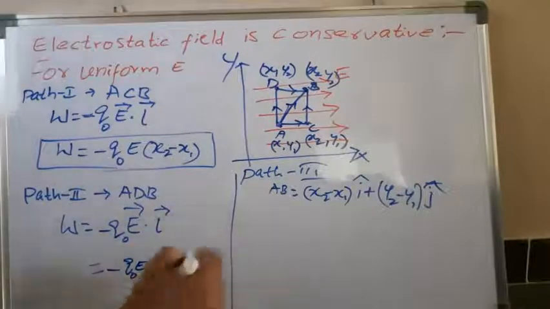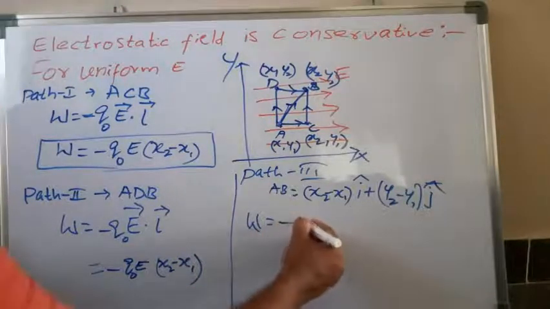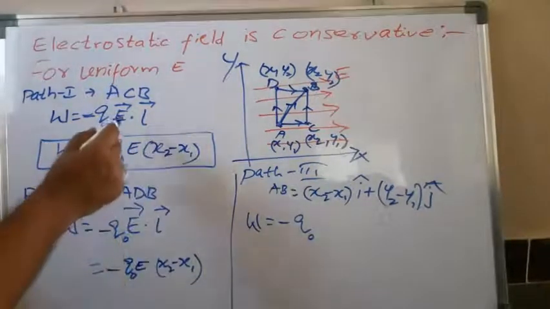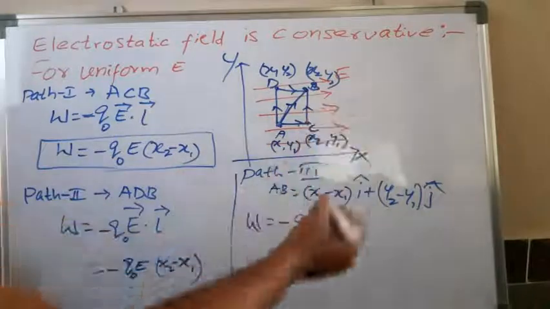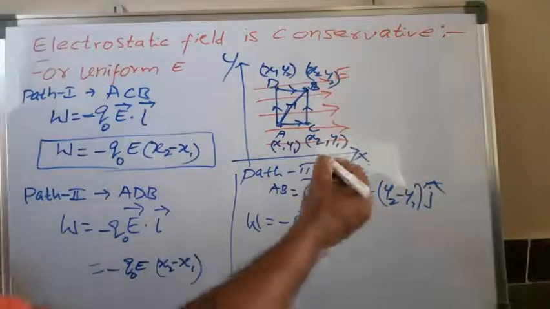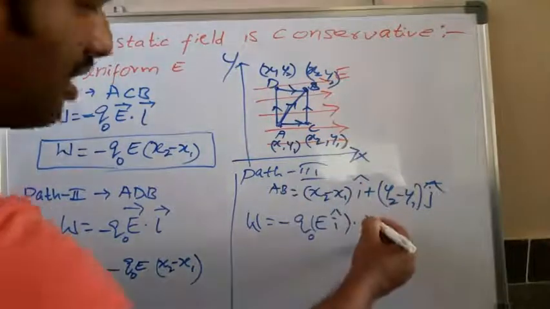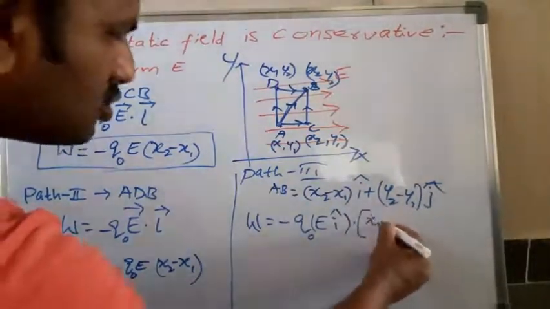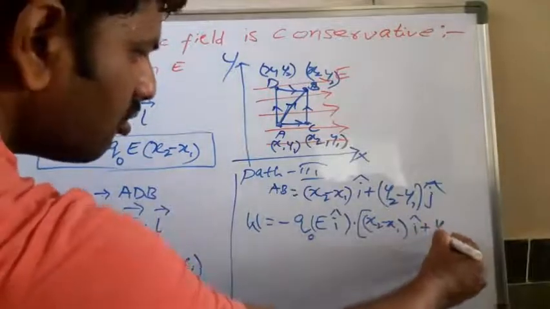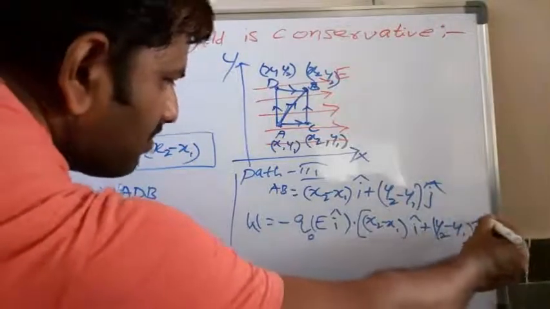I am substituting in the work formula, minus Q naught. Now we need to give direction for the electric field also. The electric field is along x direction, so we can take it as E i cap, dot product of AB, x2 minus x1 i cap plus y2 minus y1 j cap.